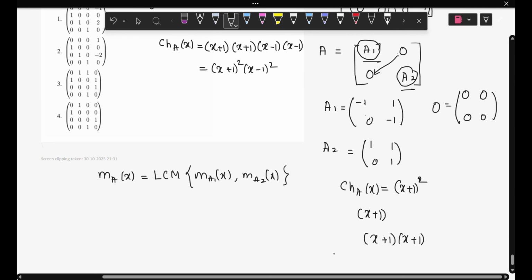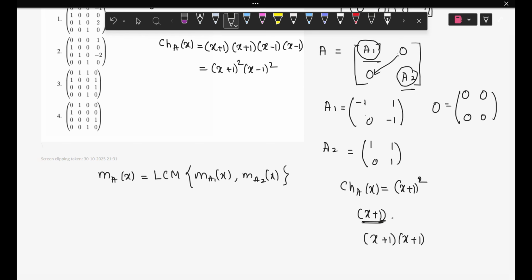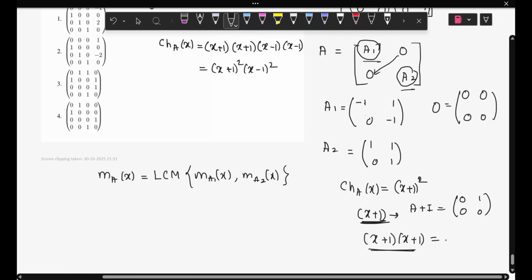Now let's check whether A1 is satisfying or annihilating this polynomial or not. If you calculate A plus I, you won't get 0, as A plus I gives you 0 1 0 0. So A1 is not annihilating the polynomial x plus 1. So the minimal polynomial of A1 is actually its characteristic polynomial, which is (x plus 1) whole square.